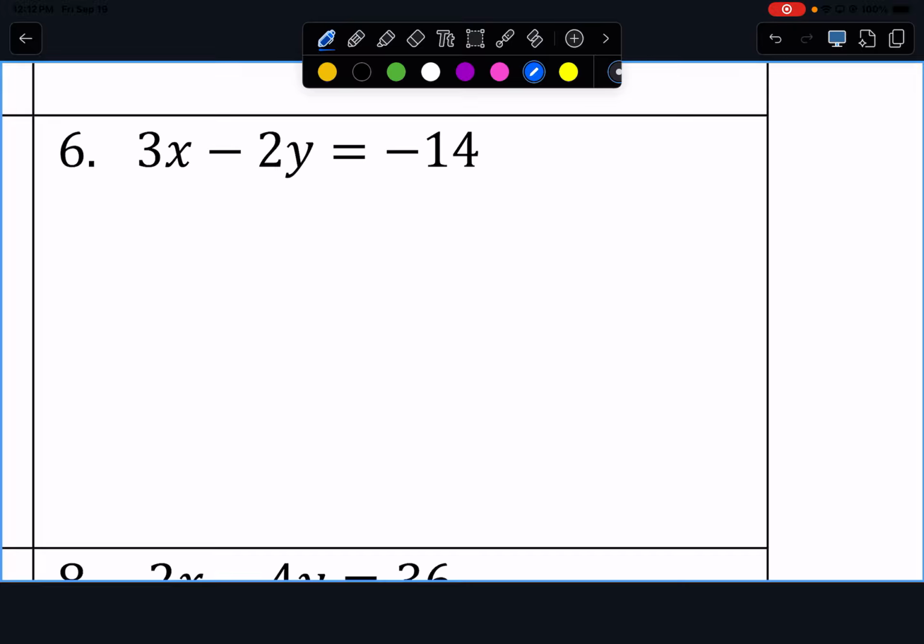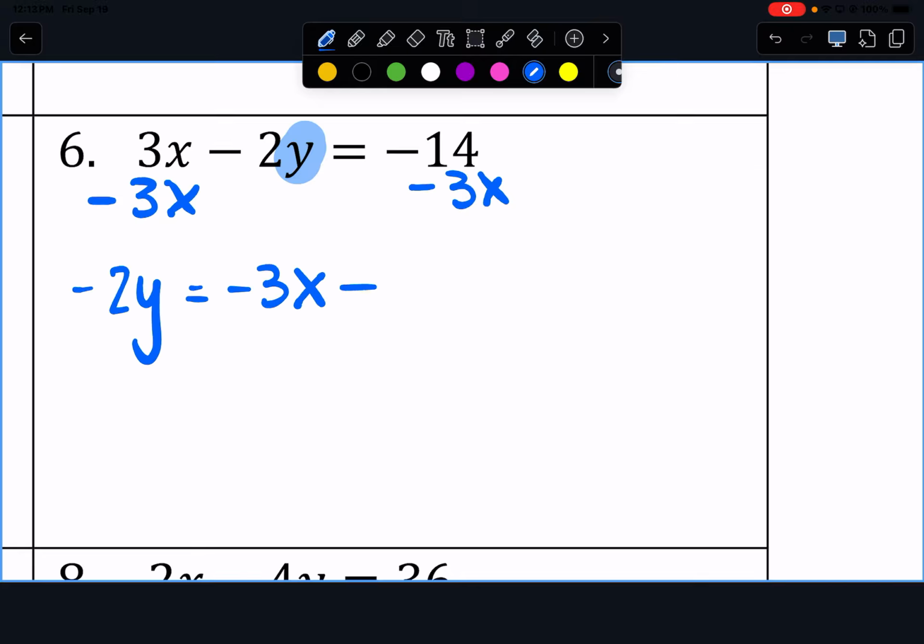All right. So, from here, I have to solve it for y. What do I do first? Subtract 3x. So we get negative 2y is equal to negative 3x minus 14. Now, how do I solve it from here?